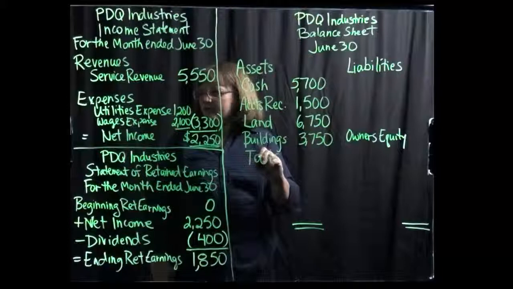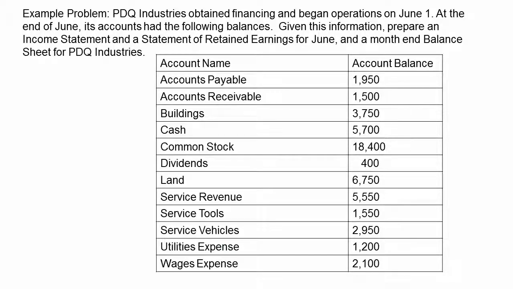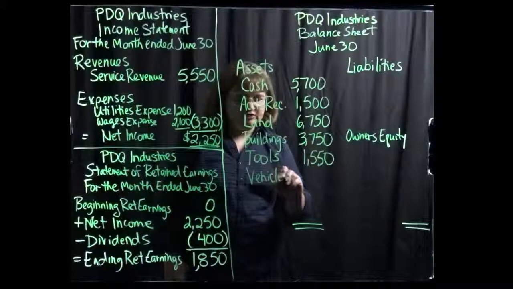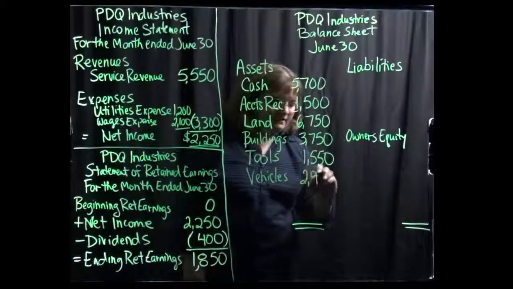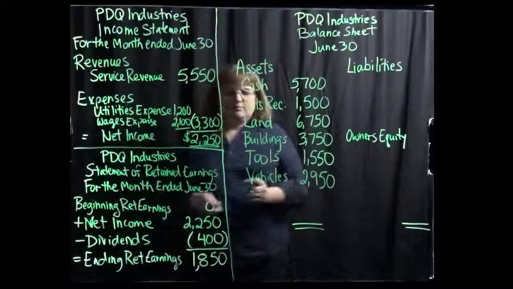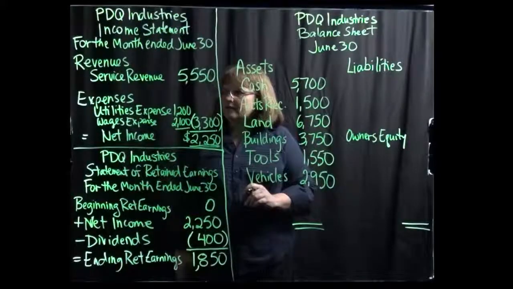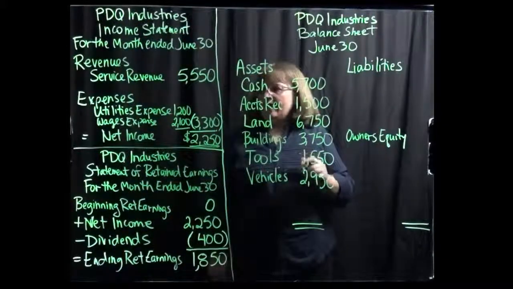And the value we were given for that is $1,550. And then our service vehicles, which I will simply label as vehicles, that is $2,950. Okay, so these are all examples of assets for the company. Let's make sure we've got all our other accounts accounted for, and then we'll go back and add those up.